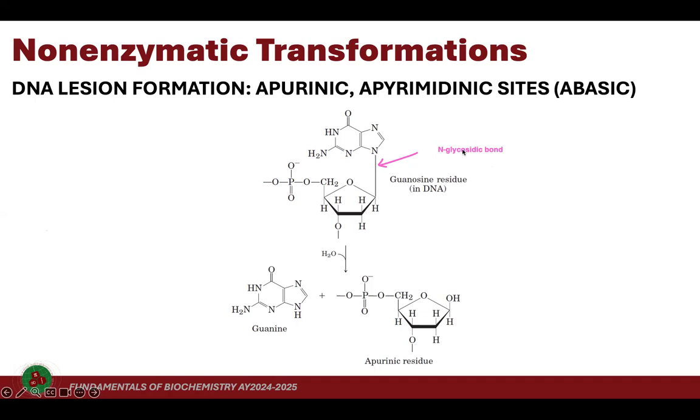So glycosidic because it's linking the molecule to a sugar or a carbohydrate, and it's N because the linkage is via a nitrogen atom. We can also have an O glycosidic bond via oxygen. So this is an N glycosidic bond, which is destroyed in this transformation, removing the purine.